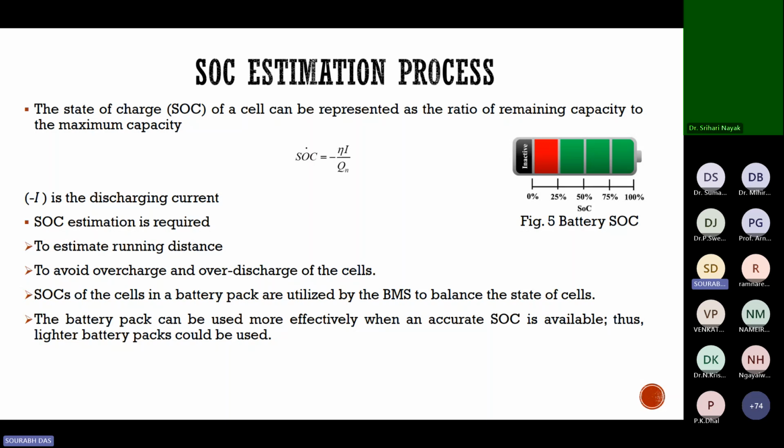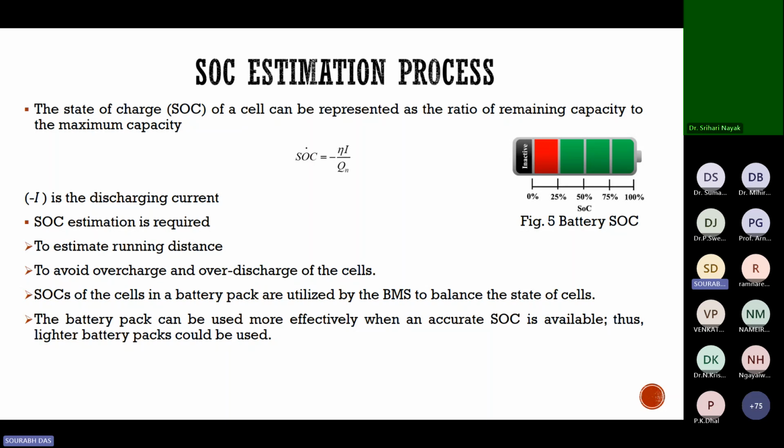So SOC can help the battery management system, and if we monitor the SOC, it can ensure the cell balancing, since cells in a pack can have slightly different capacity and discharge rate.